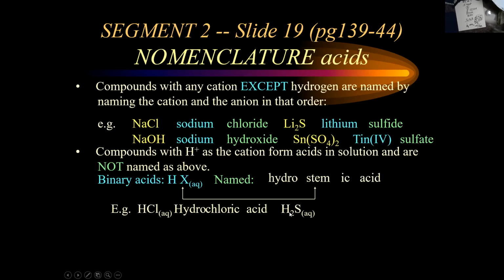H2S. This is sulfide. It's a 2-element compound. So it's going to be named what? Hydrosulfuric acid. All right? Not sulfuric acid. We know what that is, H2SO4.